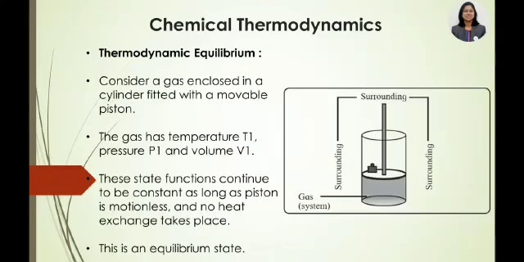Now consider a gas enclosed in a cylinder fitted with a movable piston as shown in the diagram. The gas has a temperature, pressure, and volume at the initial stage: temperature T1, pressure P1, and volume V1.